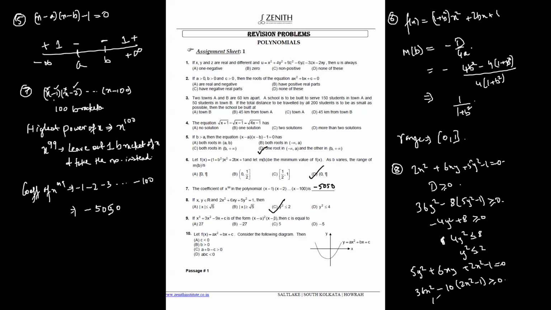So 36x squared minus 40x squared plus 20 is greater than or equal to 0.